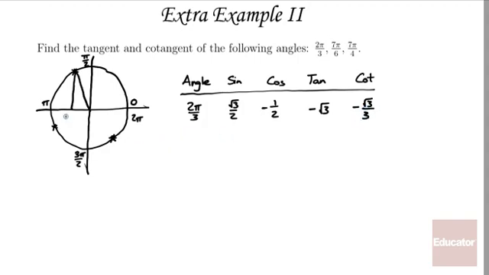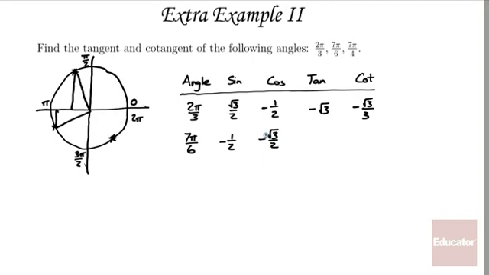Next one is 7 pi over 6, so that's this angle right there. And again, that's a 30, 60, 90 triangle. 7 pi over 6, the sine is 1/2, but that's negative because the y-coordinate is negative. Cosine, the big one, is root 3 over 2, but again, that's negative because the x-coordinate is negative.